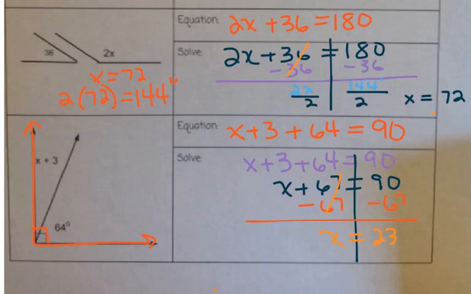So if I go over here to where my diagram is and I say x equals 23, I need to look at what the measure of my angle was. Well, the measure of my angle is x plus 3. So that means that my angle equals 26 degrees. And see if that makes sense. If I add 26 plus 64, it comes back out to 90. And there we go.